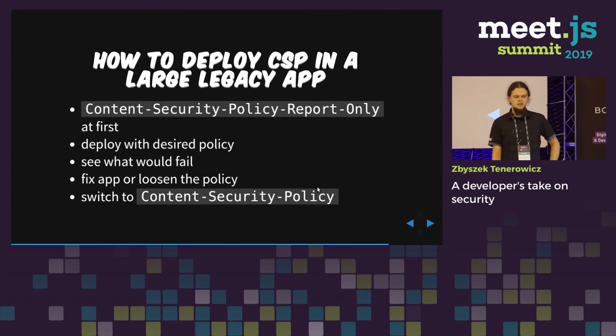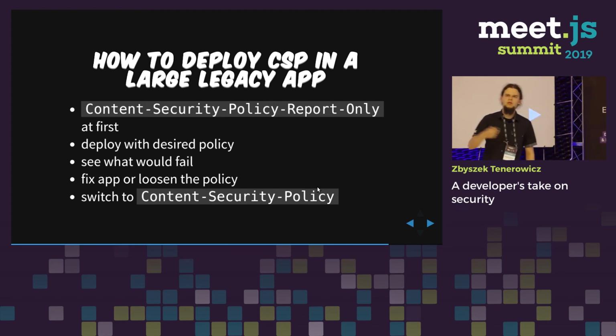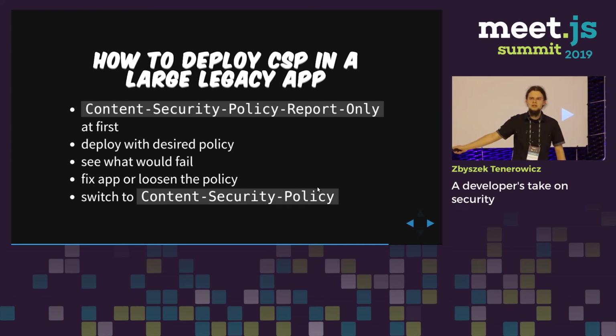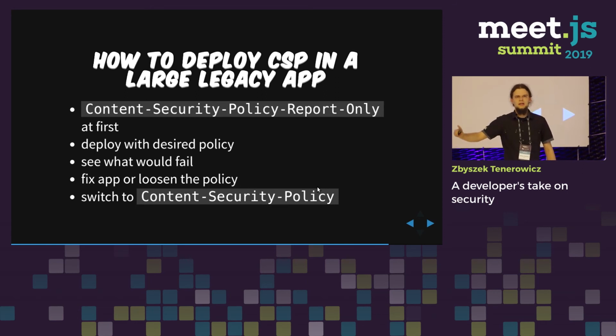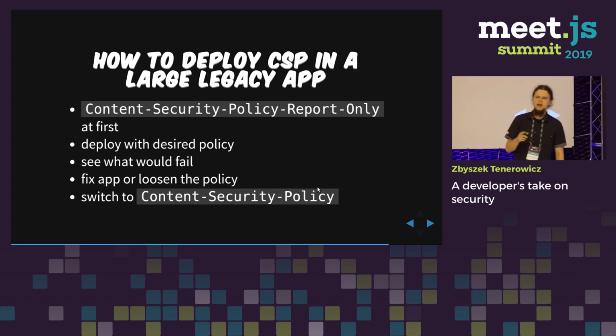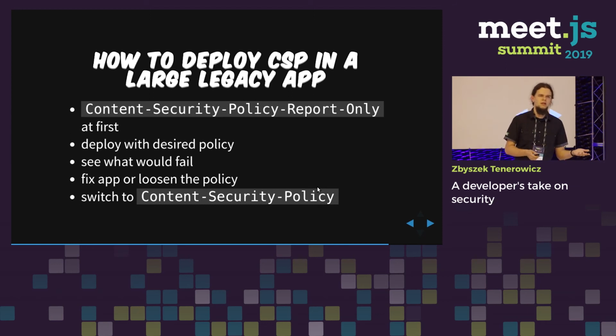Content security policy has this version where instead of blocking stuff, it's going to report stuff to an endpoint that you specify. So build something that accepts JSON and puts it in logs and expect a lot of traffic initially. So you set it up and you run tests on your application and gather feedback. If you start getting content security policy violations from your app itself, it means you need to change your policy, right, to loosen it a bit, maybe.